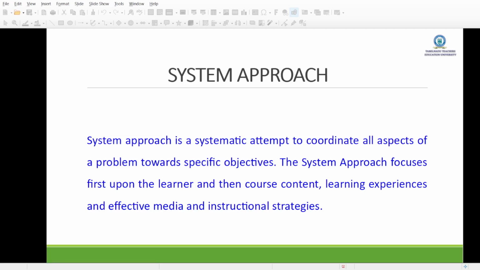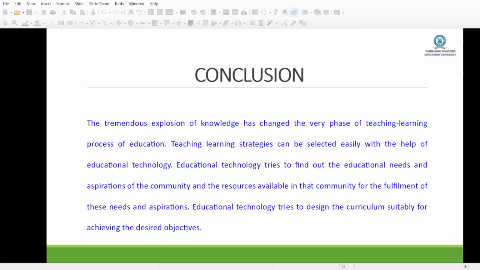It is concerned with all elements of instruction, including media, hardware, and software. Its purpose is to ensure that the components of the organic whole will be available with the proper characteristics at the proper time to contribute to the total system fulfilling the objectives.